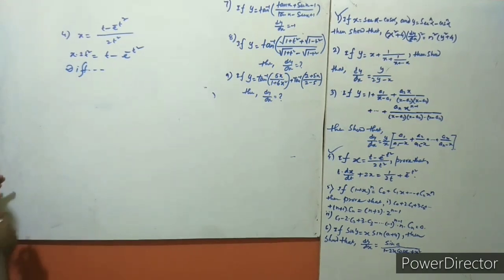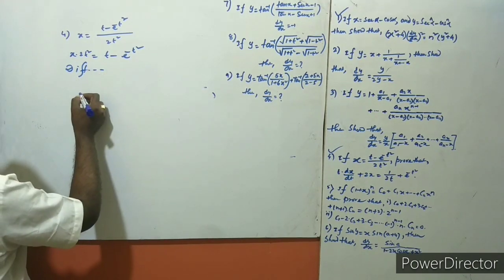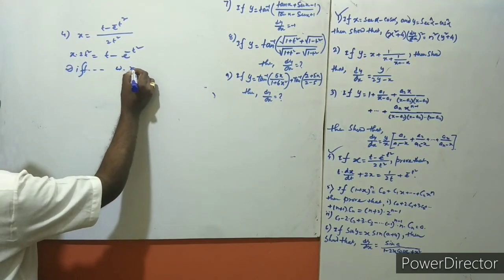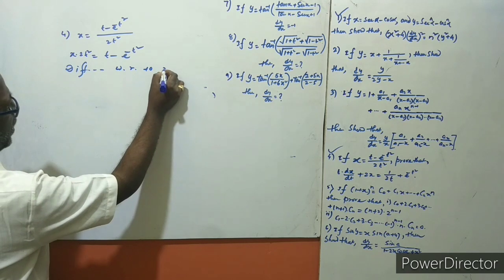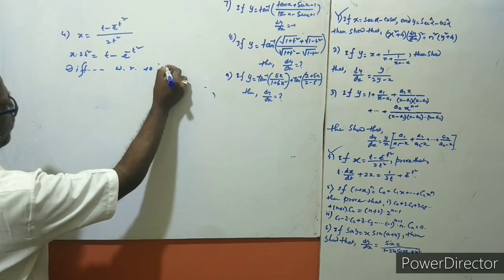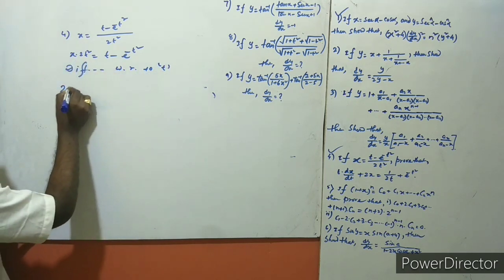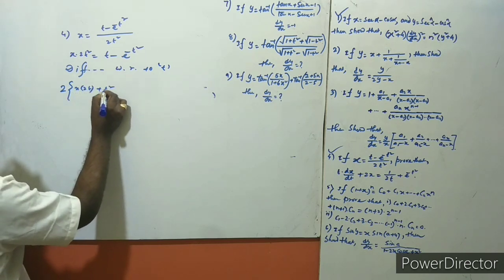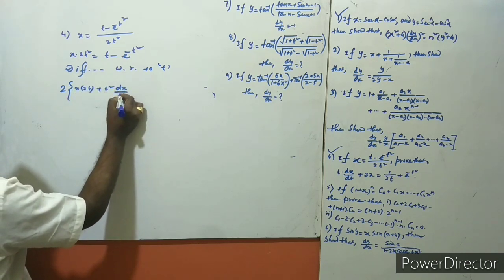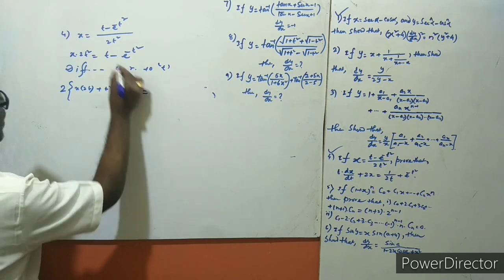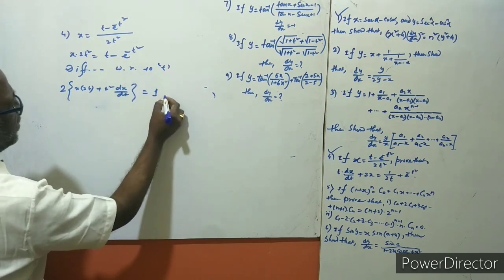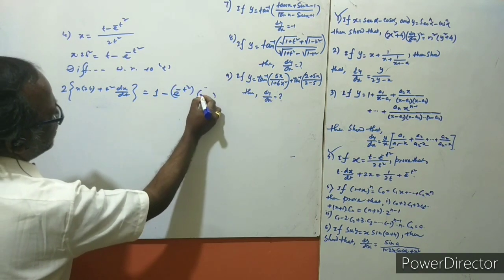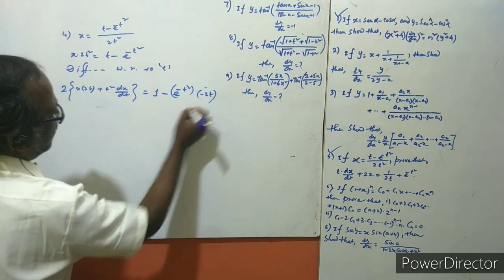Now differentiate both sides with respect to t. So differentiate both sides with respect to t. Now 2 into x into 2t and t square into dx dt, and the derivative of t here is 1, the derivative of t square is this, and the derivative of minus t square is minus 2t.